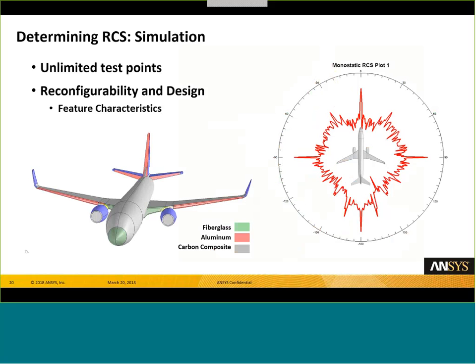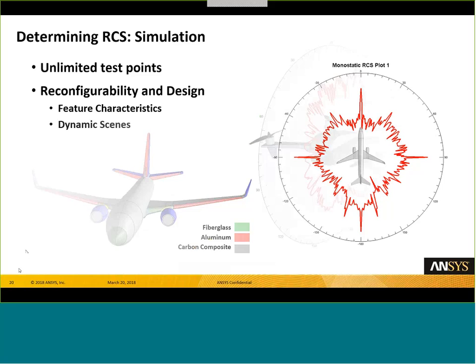So you can just as easily set up parametric analyses where you can look at the impact of different material coatings, where some of these materials might be transparent at some frequencies and opaque at others. It's very easy to just reconfigure a simulation model along those lines so that sort of behavior can be understood.